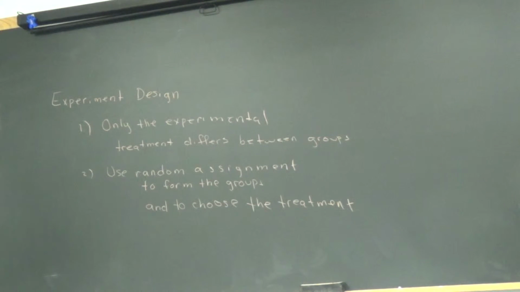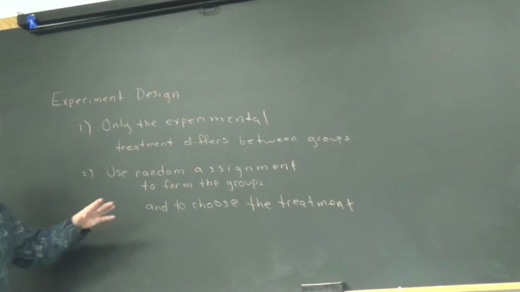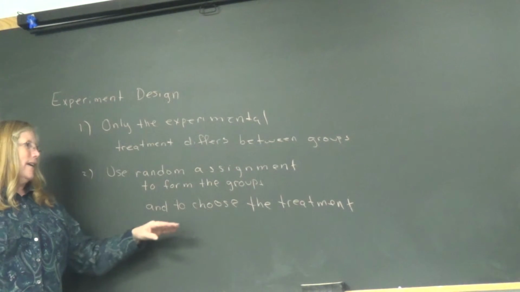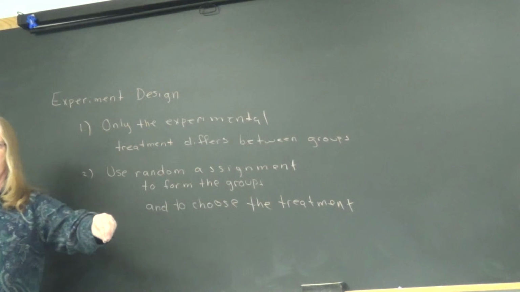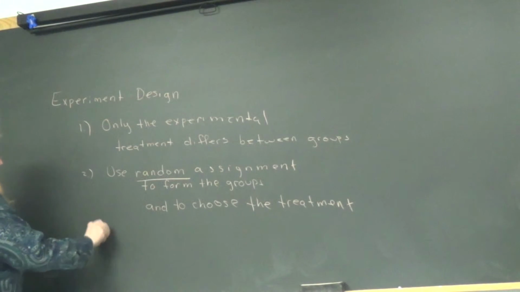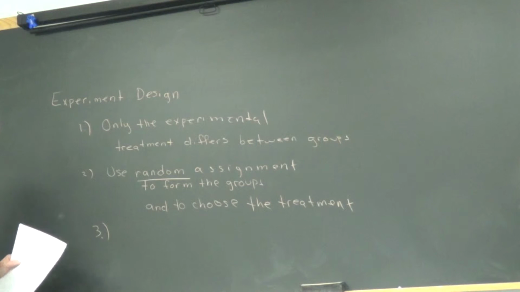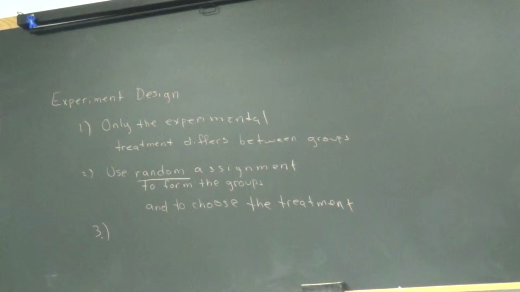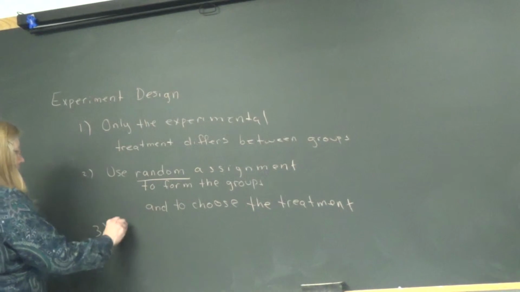First of all, you have to use random choice of the people who are going to be in the experiment at all. Then, among the people you've chosen, you use a random choice of who has the treatment, the changed thing, and who doesn't. So, random assignment. And lastly, you want enough experimental units. If you do an experiment on these 4 people in this classroom, that's probably not enough to make any solid conclusions. We call that replication.